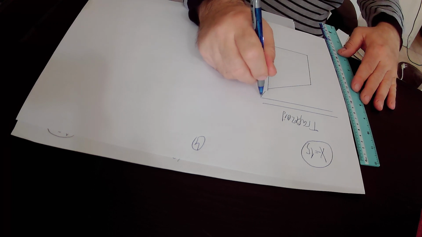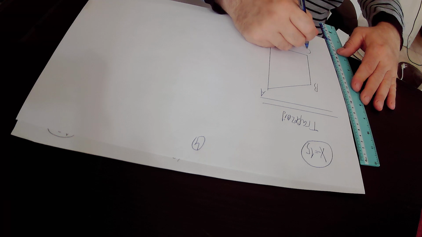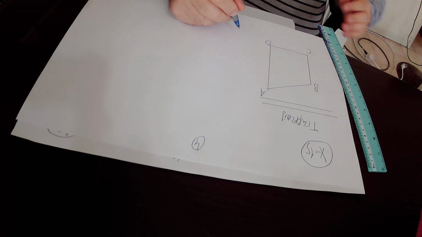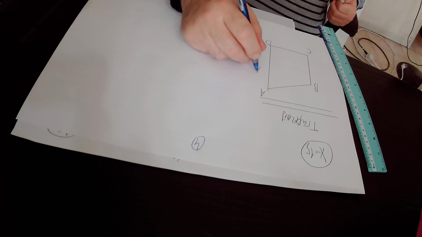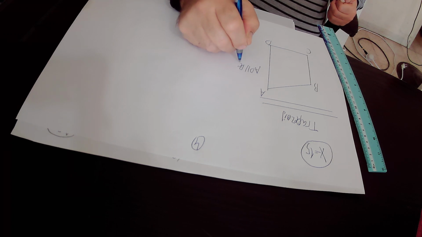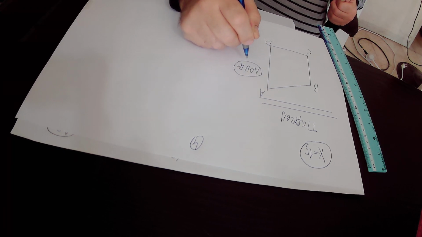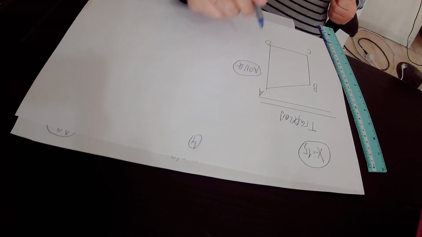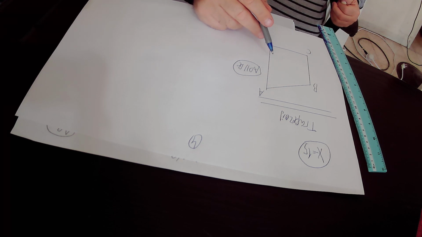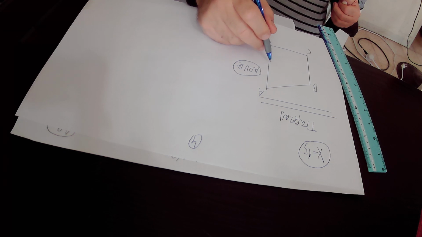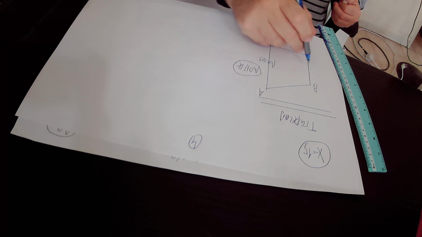In this quadrilateral ABCD, side AD is parallel to the opposite side BC. For that reason, quadrilateral ABCD is defined as a trapezoid. The two parallel sides, AD and BC, are defined as the bases of the trapezoid. So side AD is the first base, and side BC is the second base.